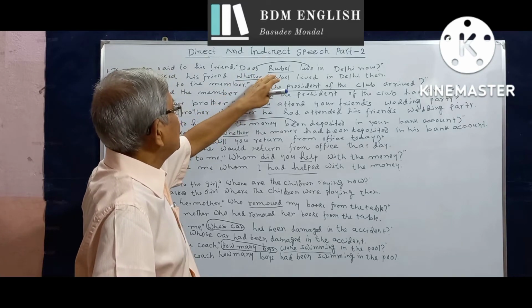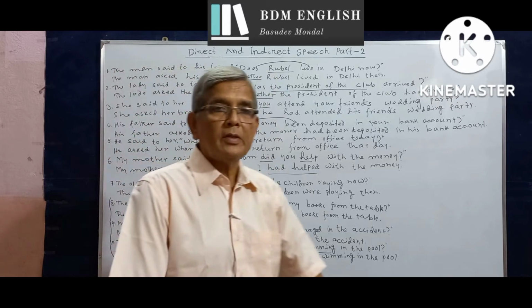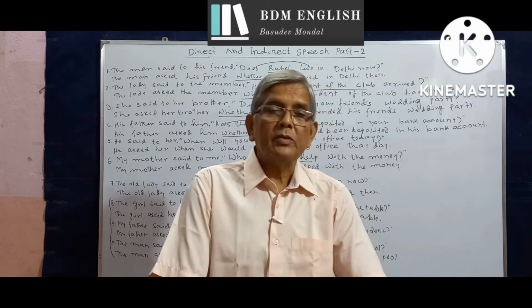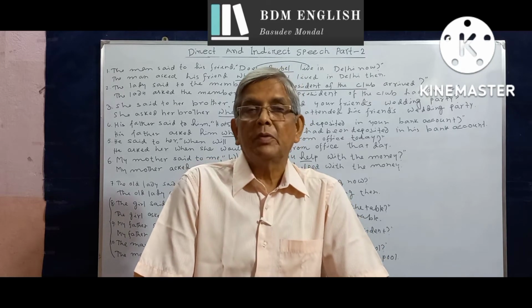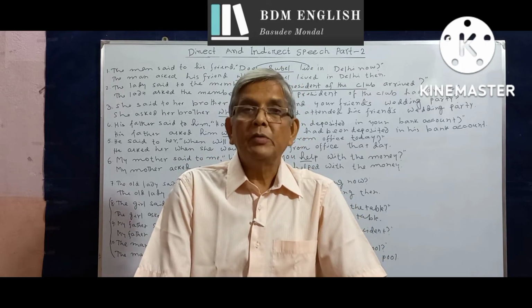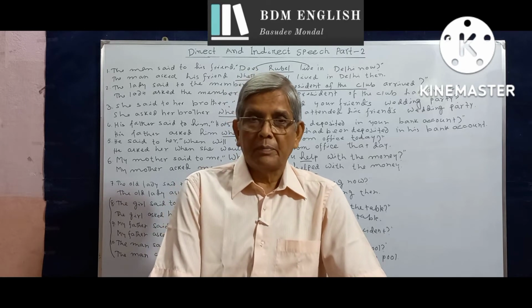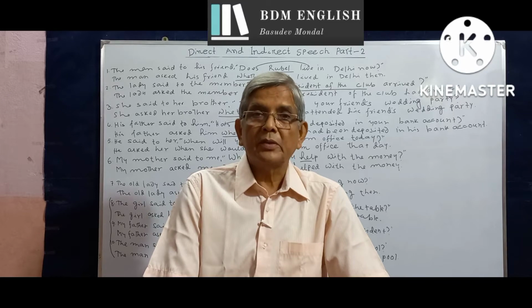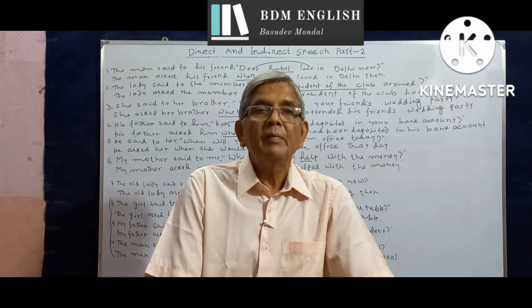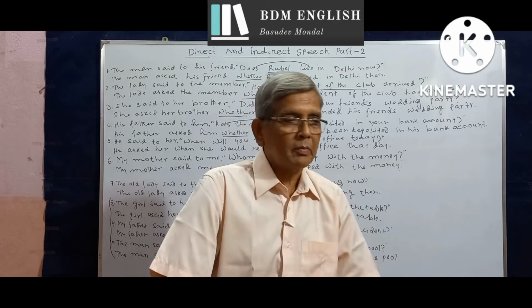And as this sentence is in the present simple tense active voice, where there is no helping verb in the original structure, we make the present simple tense active voice by using the base form of the verb and add s or es to it when the subject is third person singular number. You know these things, very basic points of grammar.